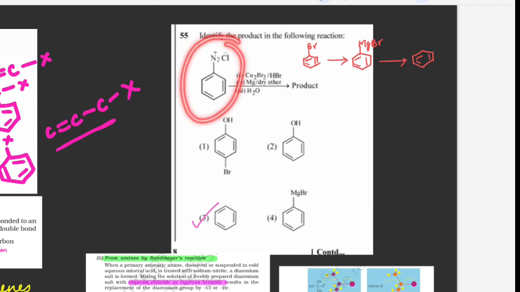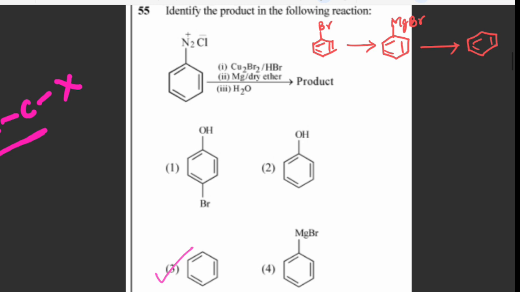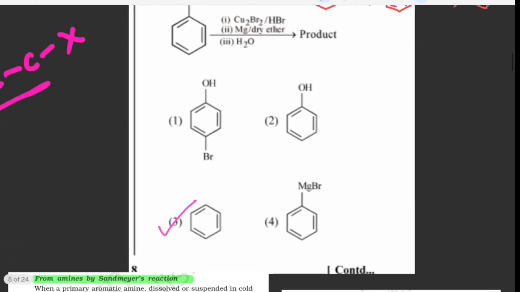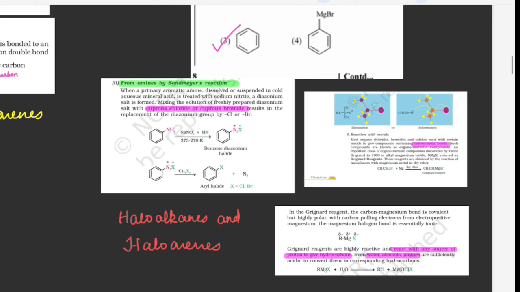A compound is given and three reagents are given, and you have to find the final product. So students, in each reaction you should see what product is formed. The first reagent is cuprous bromide with HBr. You would have seen the Sandmeyer reaction. This is again from the chapter haloalkanes and haloarenes.